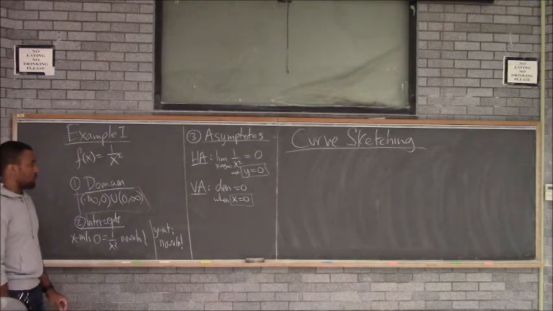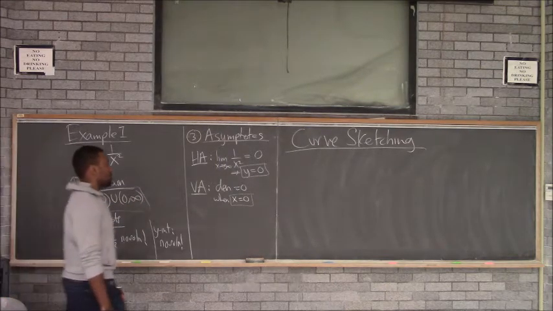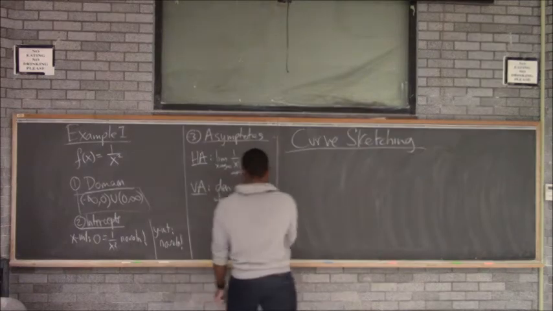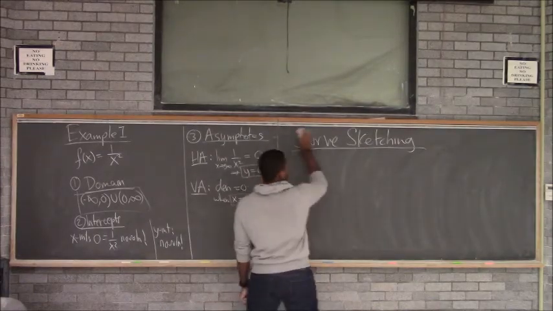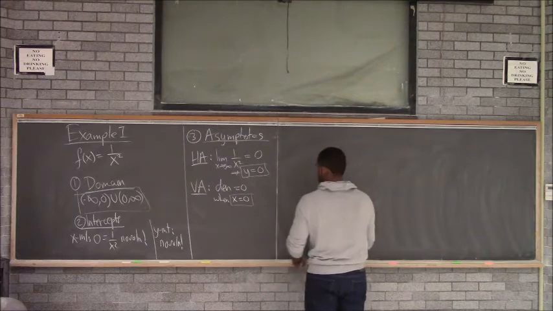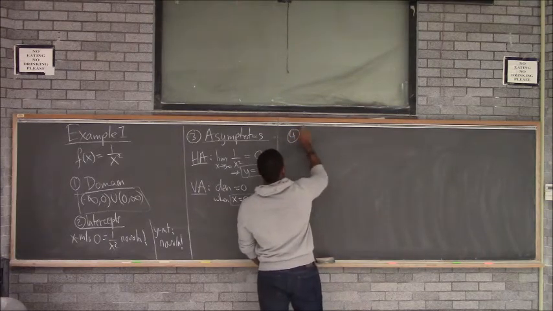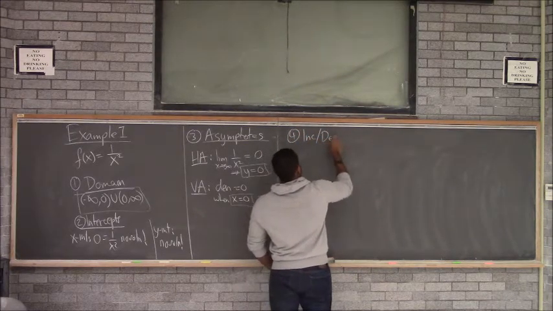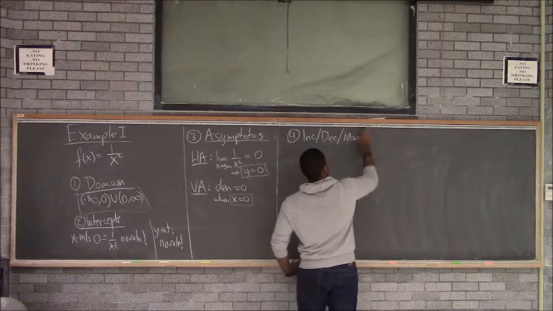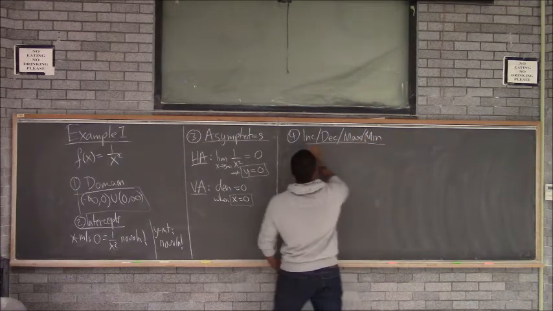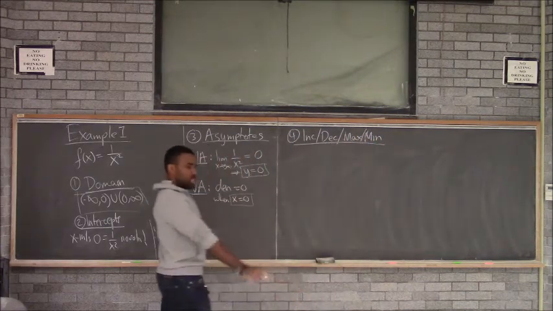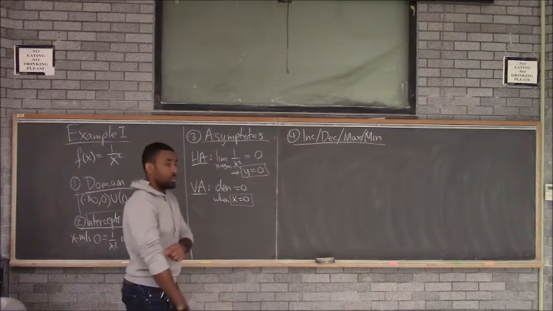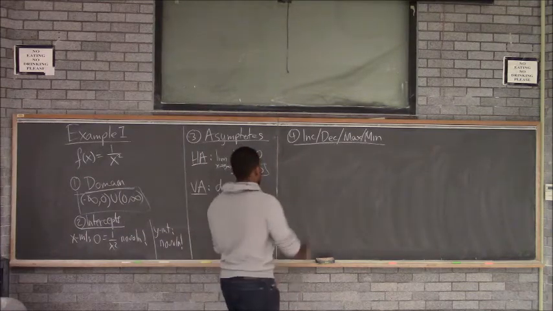Those are the asymptotes. Now, the fourth thing I'm going to want to do: increasing, decreasing, max and min. How do I figure out where this is increasing, decreasing, or a max or min? First derivative.